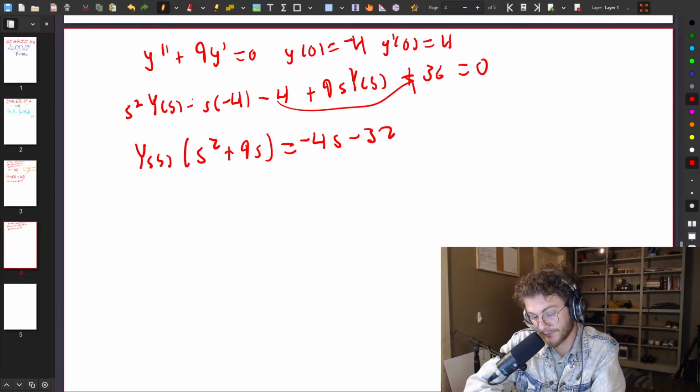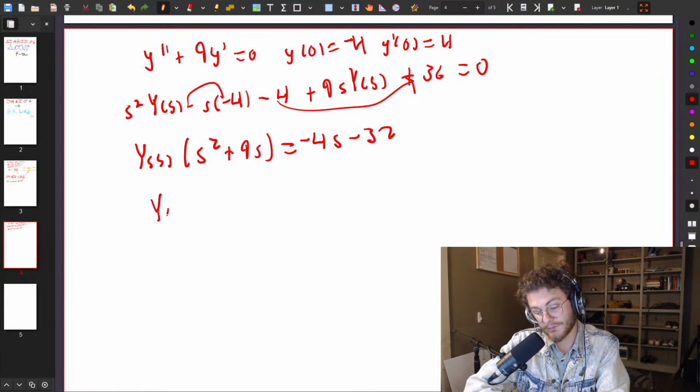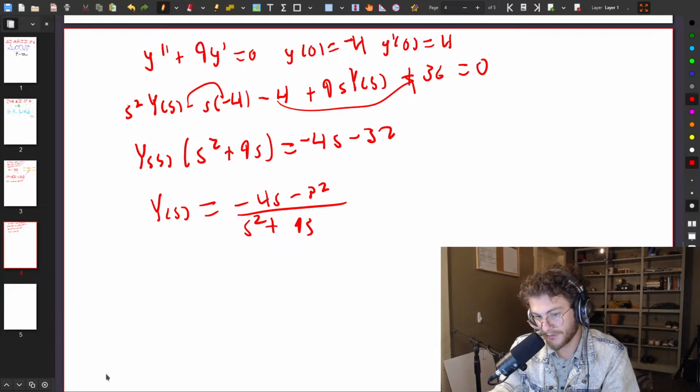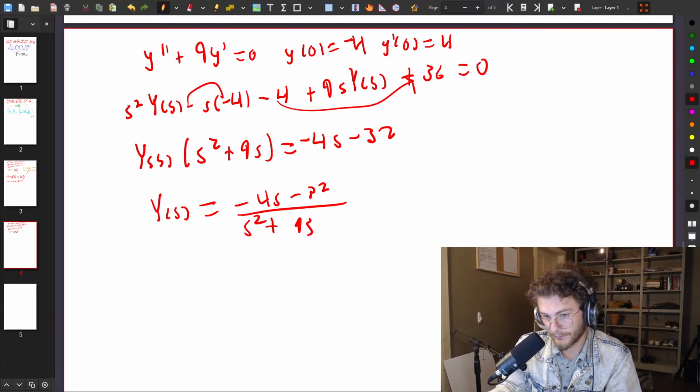The negative 4 and the negative s is a positive 4s, because the negative and the negative here cancel. Then we're subtracting it on the other side to get a negative 4s, so negative 4s minus 32. And y of s equals negative 4s minus 32 over s squared plus 9s. That should be our answer.